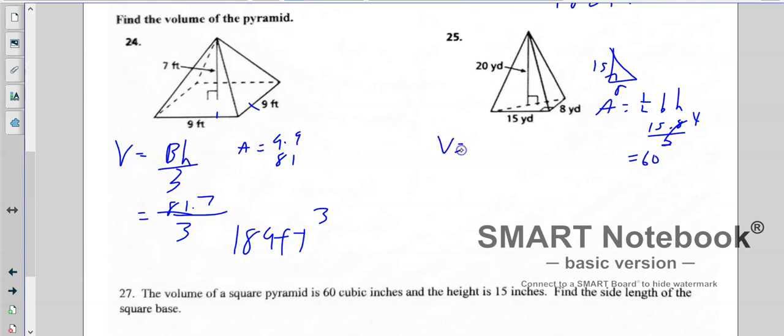So again, volume is area of the base times the height, which is given to us as 20, divided by 3. Well, you probably can do this in your head. 3 goes into 60 20 times, and 20 times 20 is 400. Or 2 times 2 is 4 with 2 zeros. And that gives us yards cubed. 400 cubic yards.